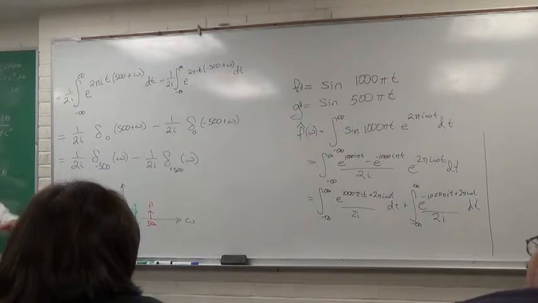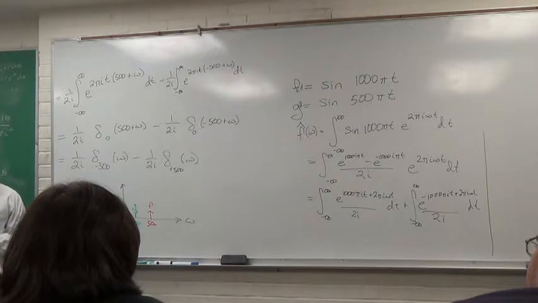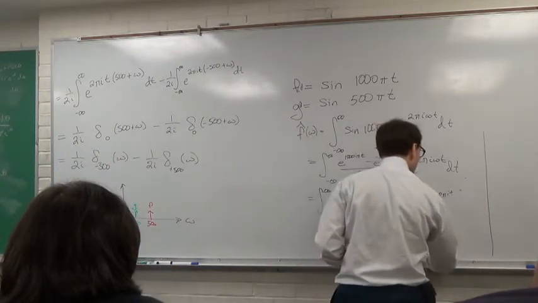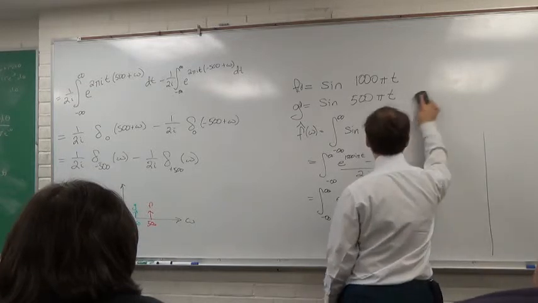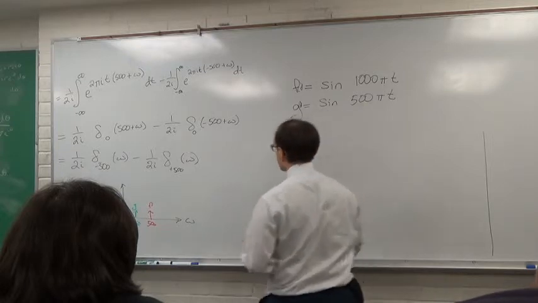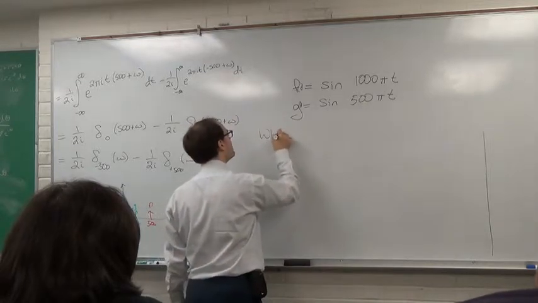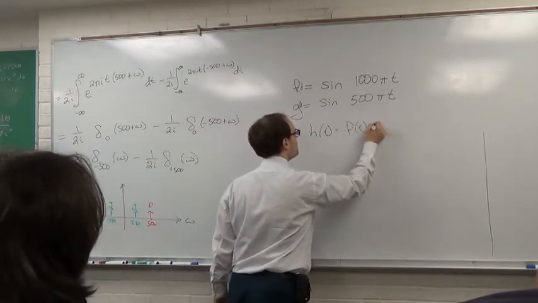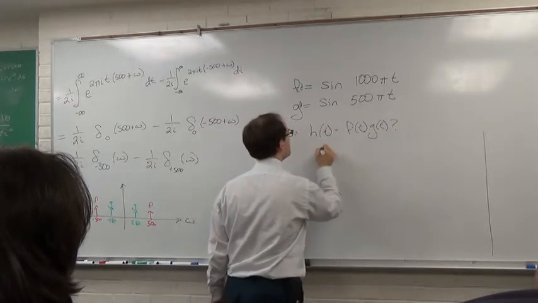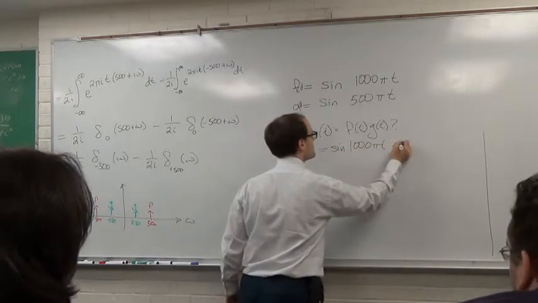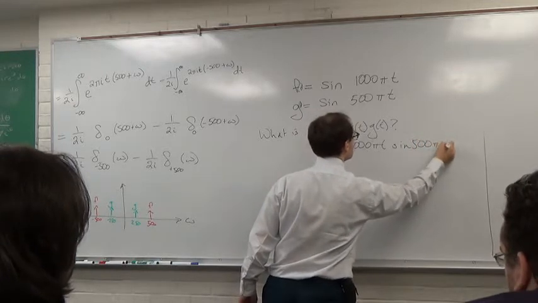So these are now two tones. Now, if I multiply two tones together, what happens? Well, there's a famous trig identity that I am always in the process of forgetting. So let's say what is h of t, which is f, the product like this.